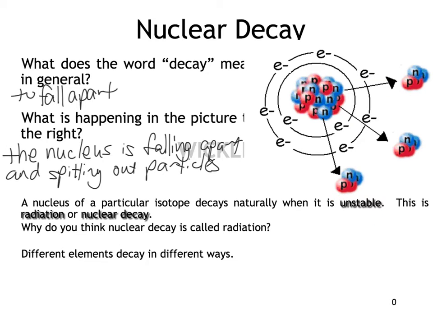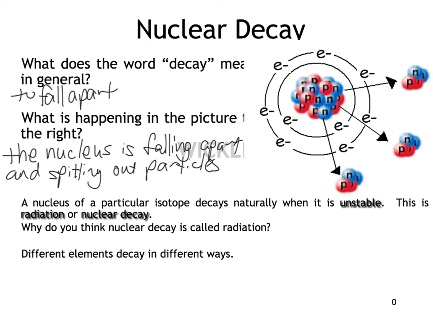So unstable basically just means a nucleus that will decay. The product of that decay, I'm actually just referring to these guys right here, are called radiation, or you can refer to it as nuclear decay. So the decay of the nucleus, that's why we call it nuclear decay, or you can just think of them as radiation particles.